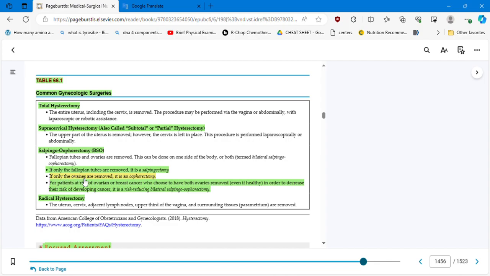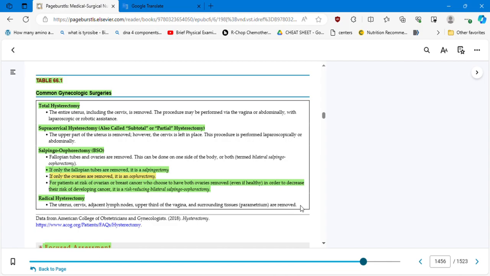And if only the ovaries are removed, it is oophorectomy. For patients at risk of ovarian or breast cancer who choose to have both ovaries removed, even if healthy, in order to decrease their risk of developing cancer, it is a risk reducing bilateral salpingo-oophorectomy. Radical hysterectomy is the removal of the uterus, the cervix, the adjacent lymph nodes, the upper third of the vagina, and surrounding tissues, the parametrium.